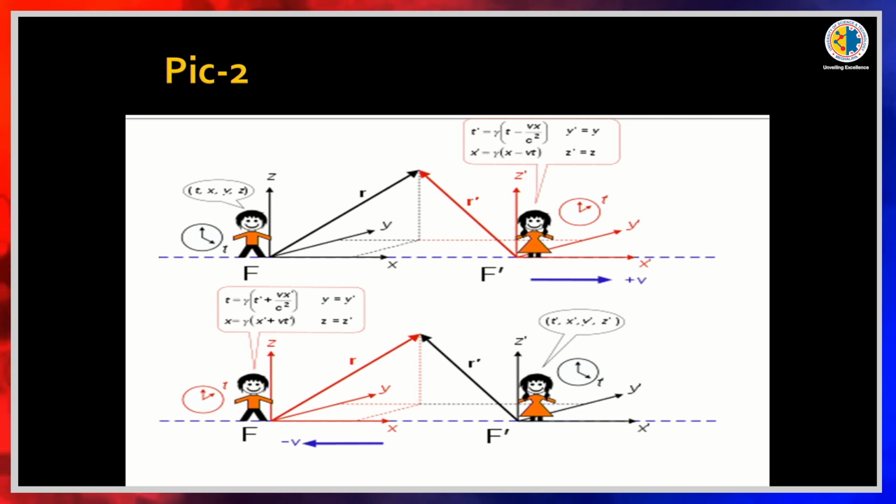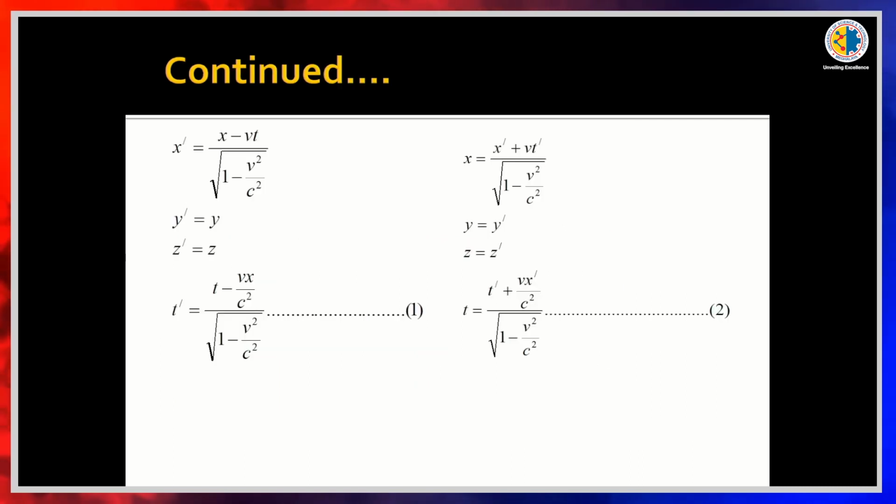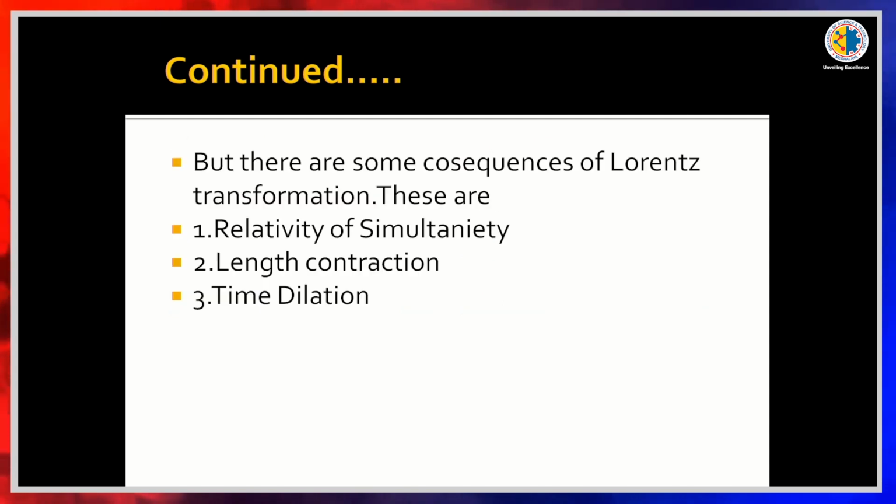After derivation, the Lorentz transformations are x dash equals gamma into (x minus Vt), and t dash equals gamma into (t minus Vx by c square), where gamma is the Lorentz factor, 1 by root over (1 minus v square by c square). The y and z directions are the same because they are parallel. These are the Lorentz transformation equations, given as equation 1 and equation 2.